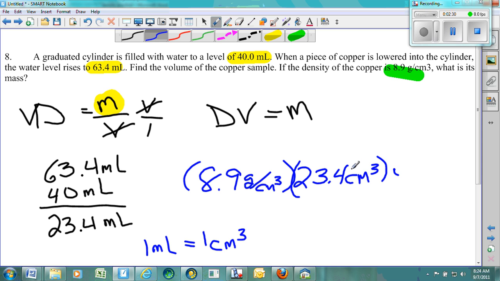And you may notice at this point, then my cubic centimeters cancels, and I should end up with a gram quantity. And so this is going to equal some gram amount, and the answer comes to 208.26. And we can leave it as 2 to the right of the decimal at this stage.